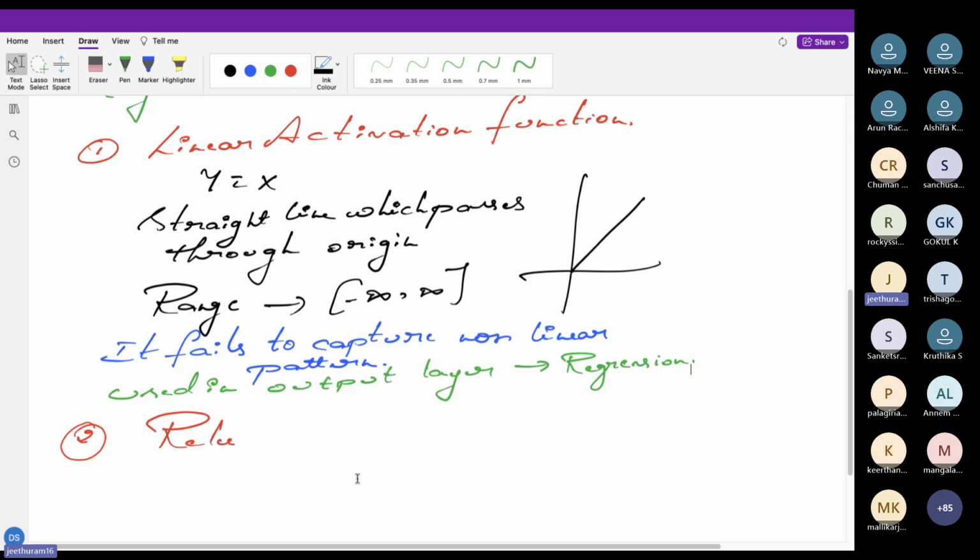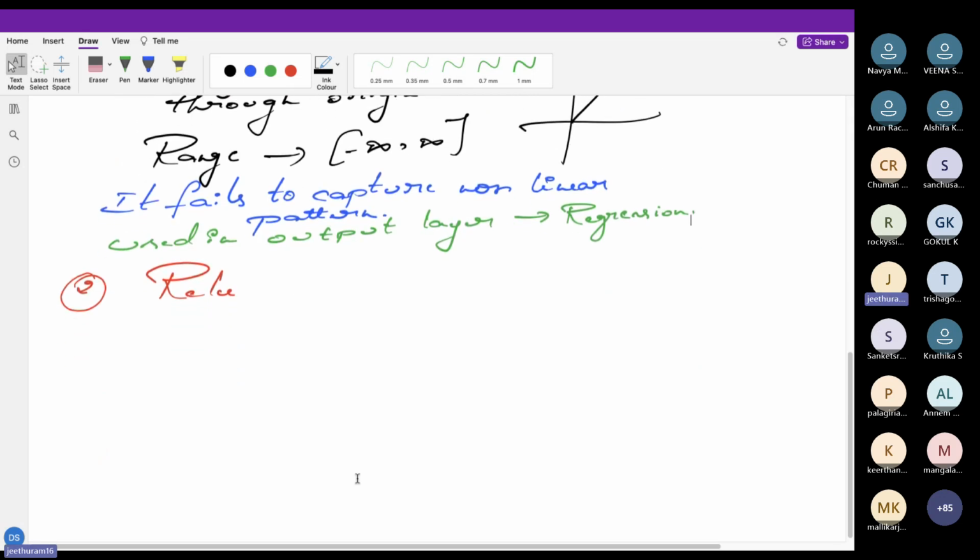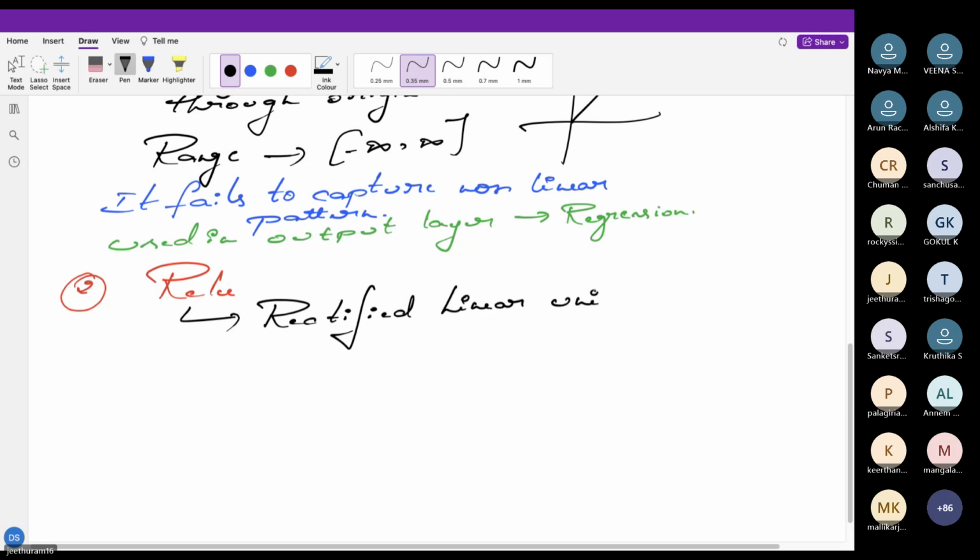What is ReLU? Any idea what ReLU is? ReLU stands for rectified linear unit.